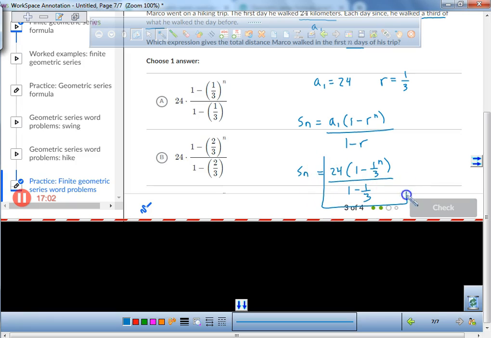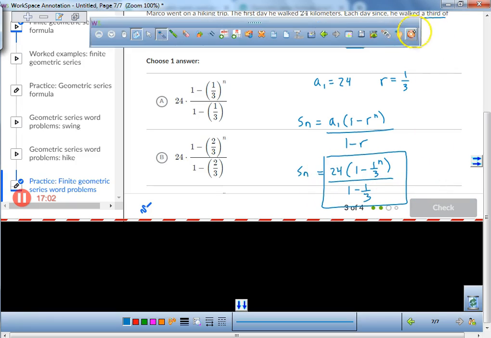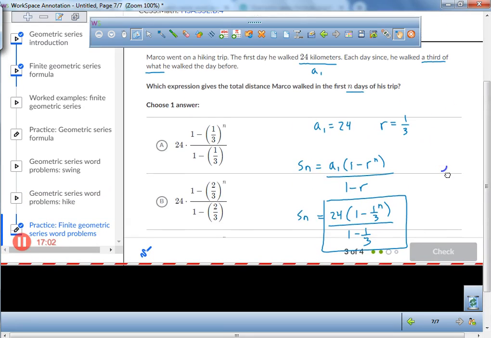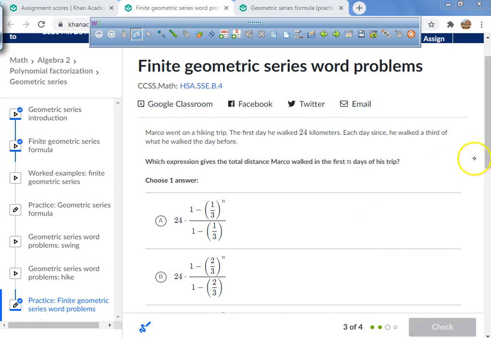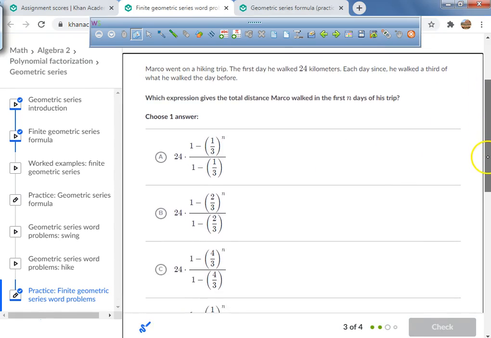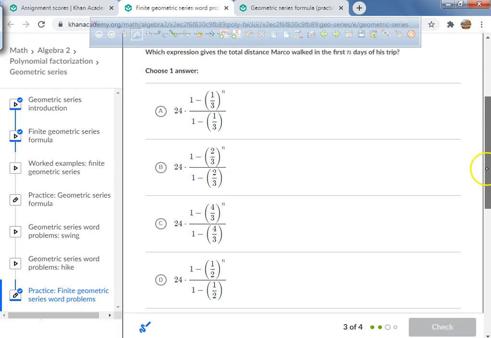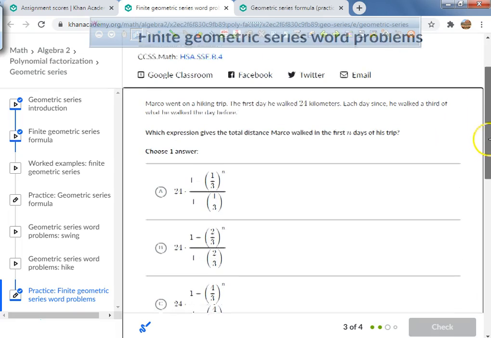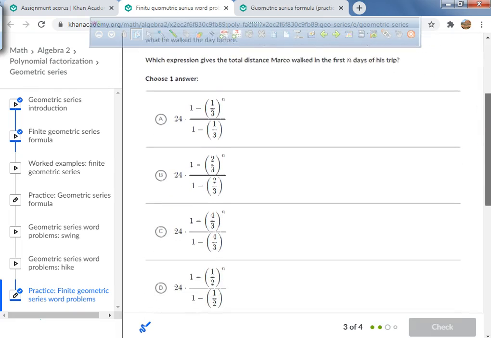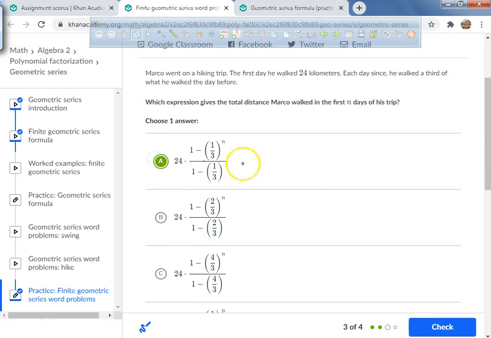So this is what I'm looking for. All right, try to find that answer. So we have 24, there's the 1 minus 1/3 to the power of n over 1 minus 1/3. That one's looking pretty good. I'm going to say answer choice A.